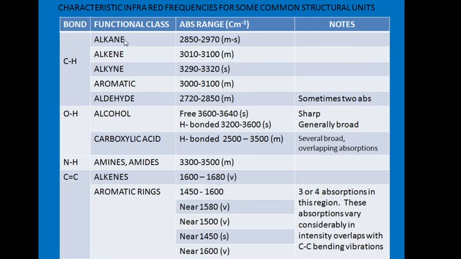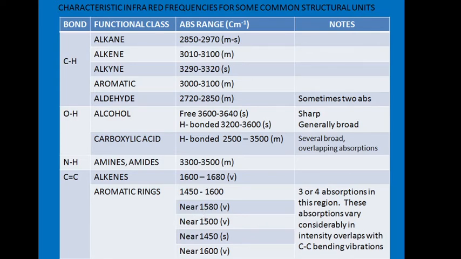How about alkanes? 2850 to 2970. So there is a reduction in value as you have double bond character and the easy rotation is restricted. When it comes to aromatic rings, again it is reduced, 1450 to 1600. You have 3 or 4 absorptions in this region, and these absorptions vary.